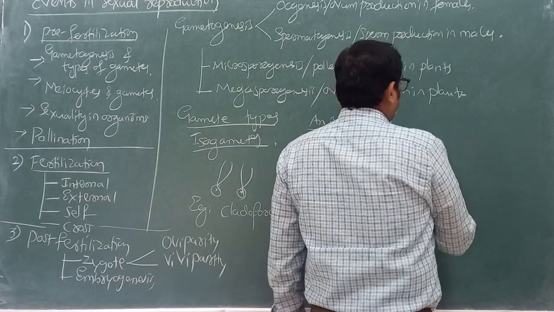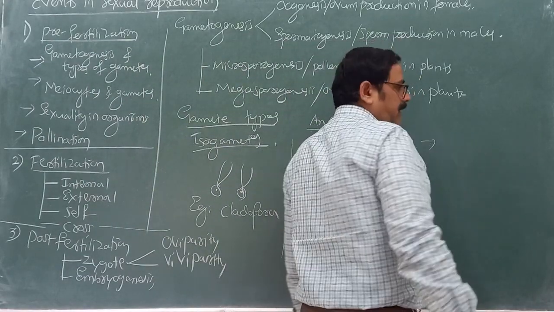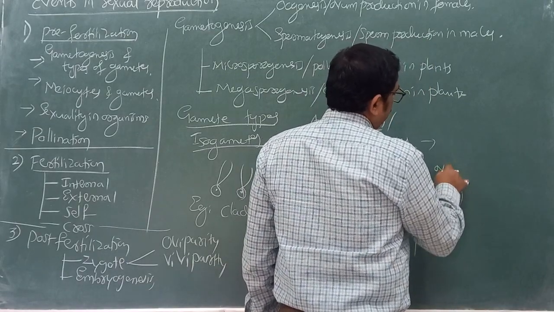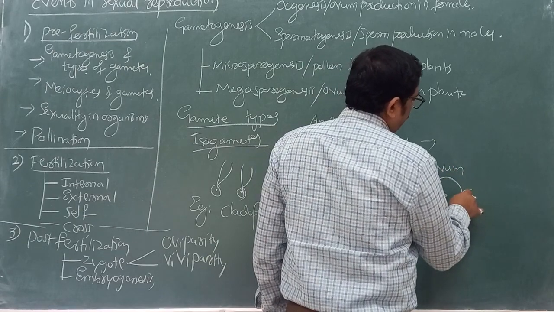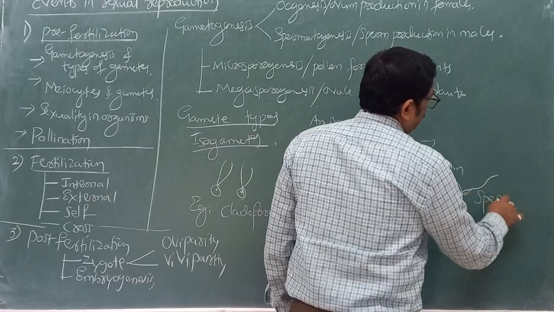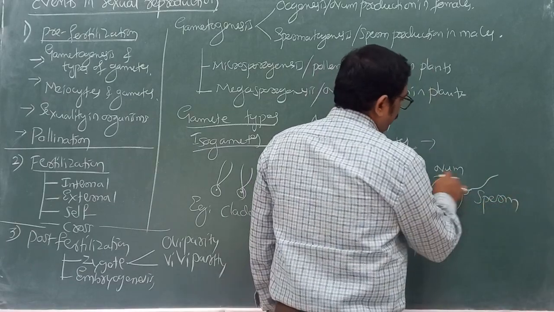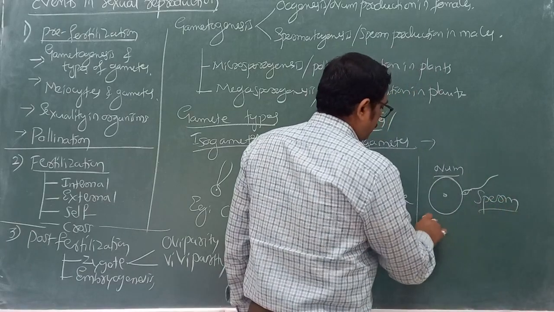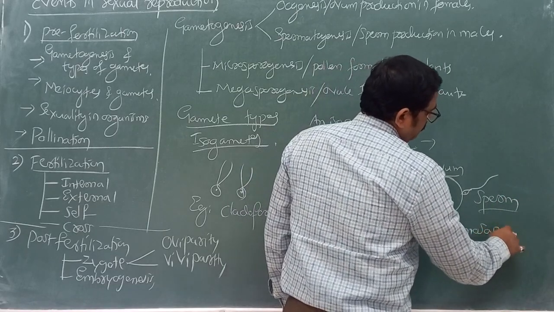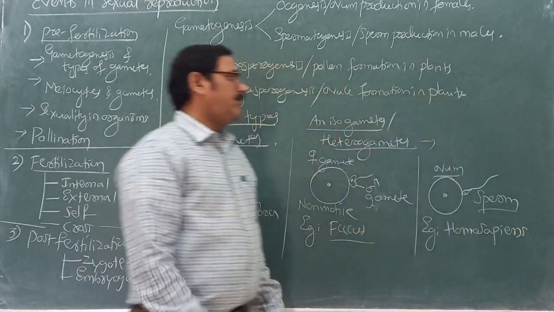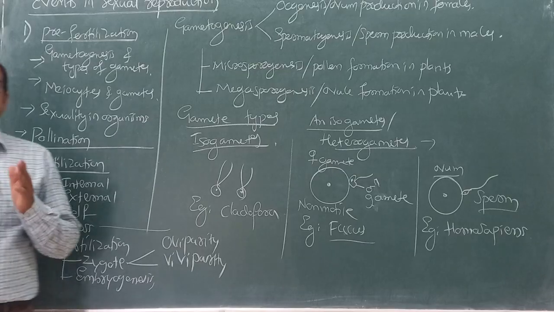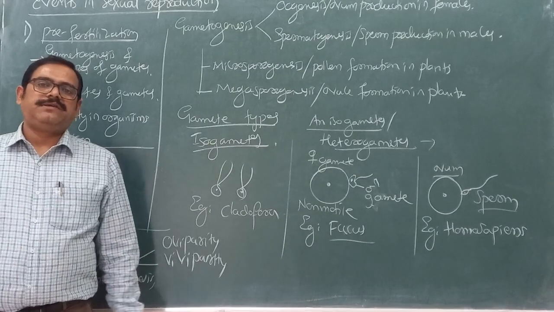We call them the large size ovum and the highly motile sperm with a flagellum. Ovum and sperm are produced in Homo sapiens. So thus we need to understand the types of gametes.